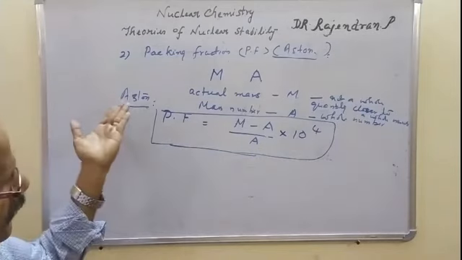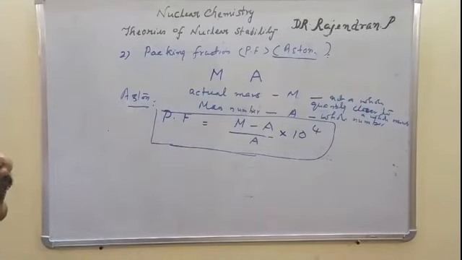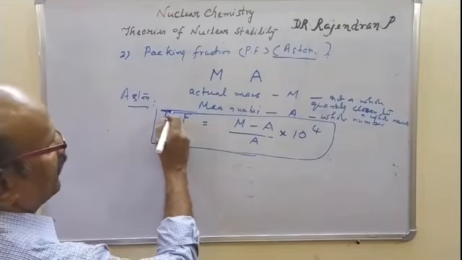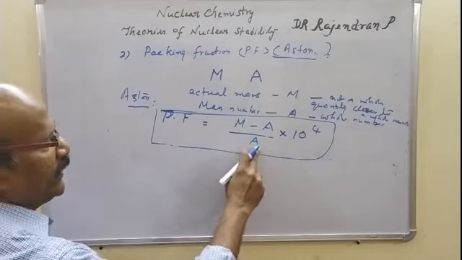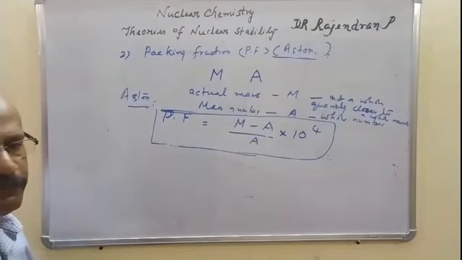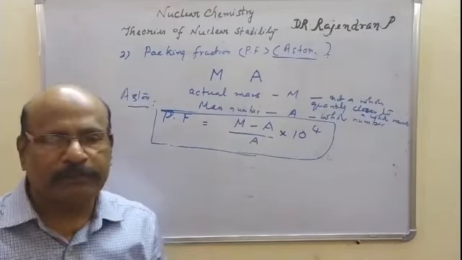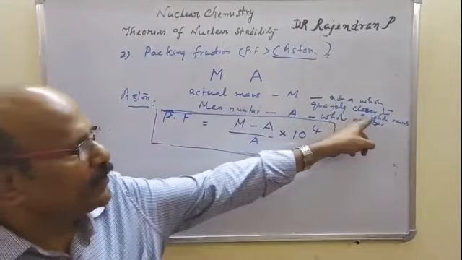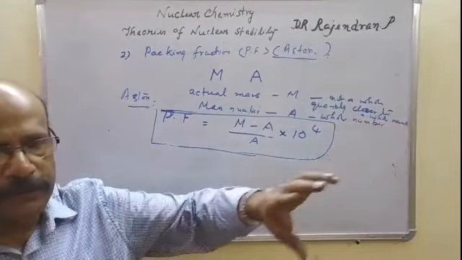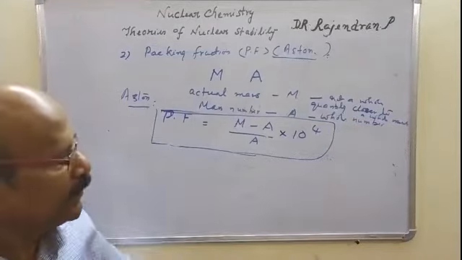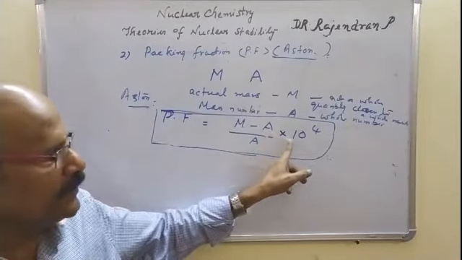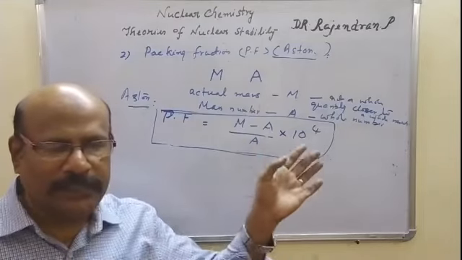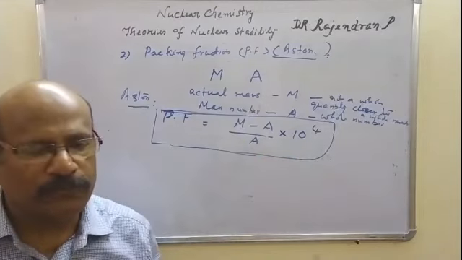You can write it in the form of an equation: packing fraction is equal to (M minus A) divided by A into 10 raised to 4, where M is the actual isotopic mass of the nucleus, a quantity closer to a whole number with a fraction, while A is always the mass number. And 10 raised to 4 is multiplied to make it a meaningful value.